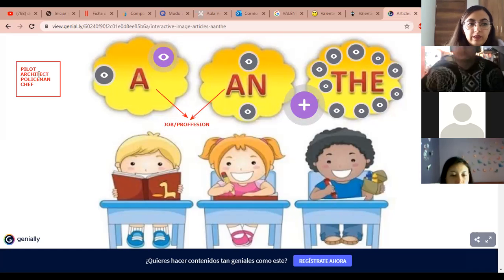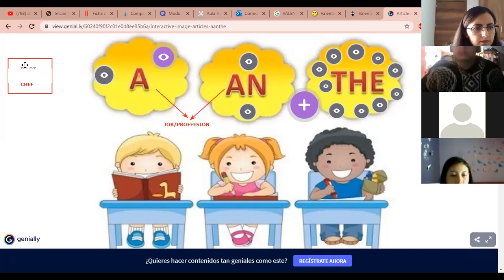Ustedes se habrán dado cuenta que cuando ustedes describían, ¿no?, su profesión o la profesión de algún miembro de su familia, se encontraban con que pues ustedes ocupaban he is a pilot, right? Let's see.